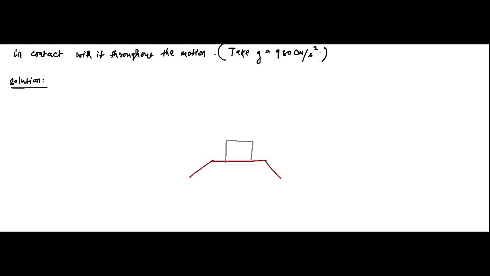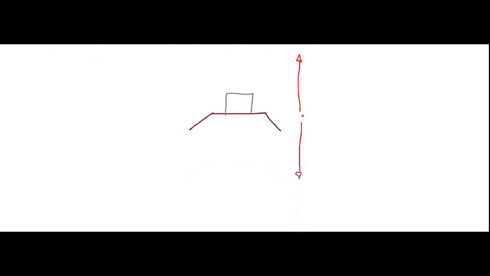This platform is undergoing simple harmonic motion in the vertical direction, up and down motion, and it is given that the total vertical movement from one extreme to the other is equal to 10 centimeters. That is the total motion.